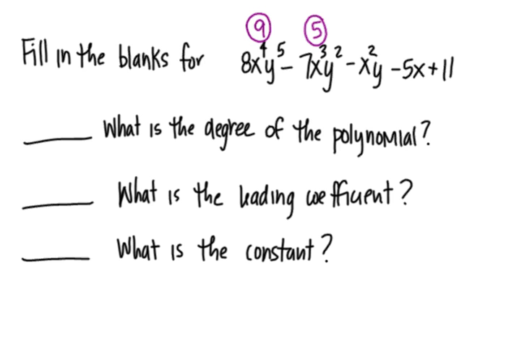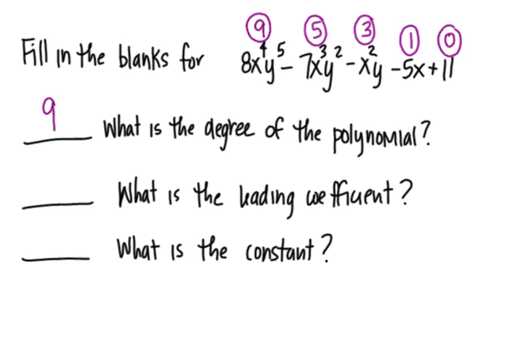My next term is x squared y, so there are two x's and one y, so that would give me degree 3. My next term is 5x, so there's one x. And my next term is a constant 11, which means it has no variables, and so its degree would be 0. The largest sum that you see is the 9, and so that is the degree of the whole polynomial.